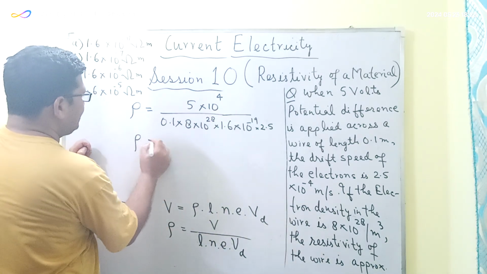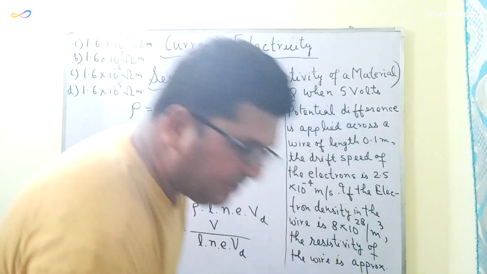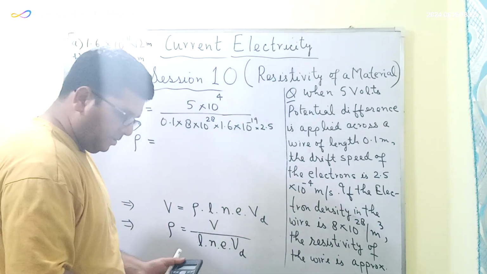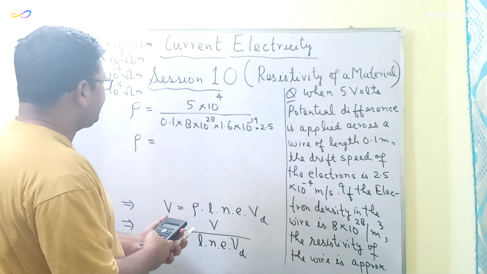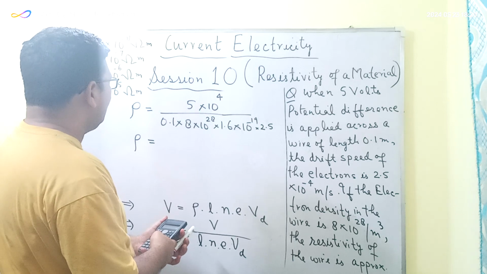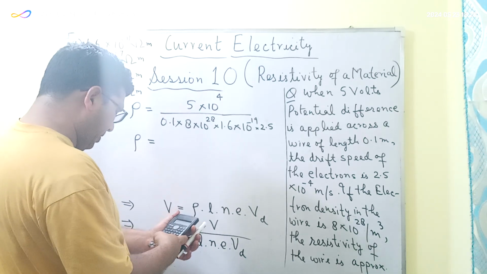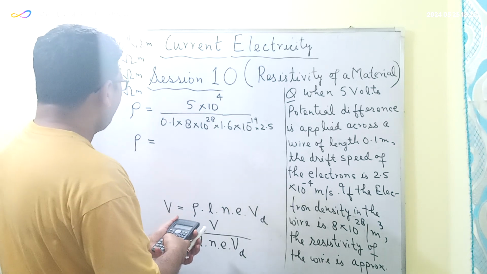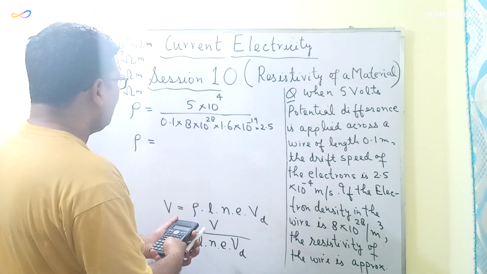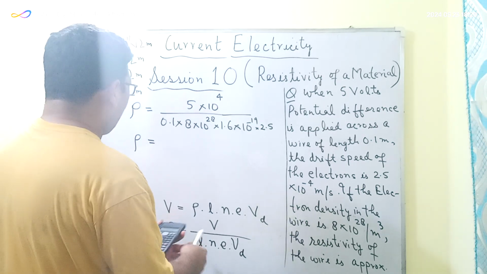So from here the resistivity of the material can now be calculated, and I have a calculator here. It will be equal to 1.6 into 0.1 into 8 into 2.5, which is equal to 3.2.